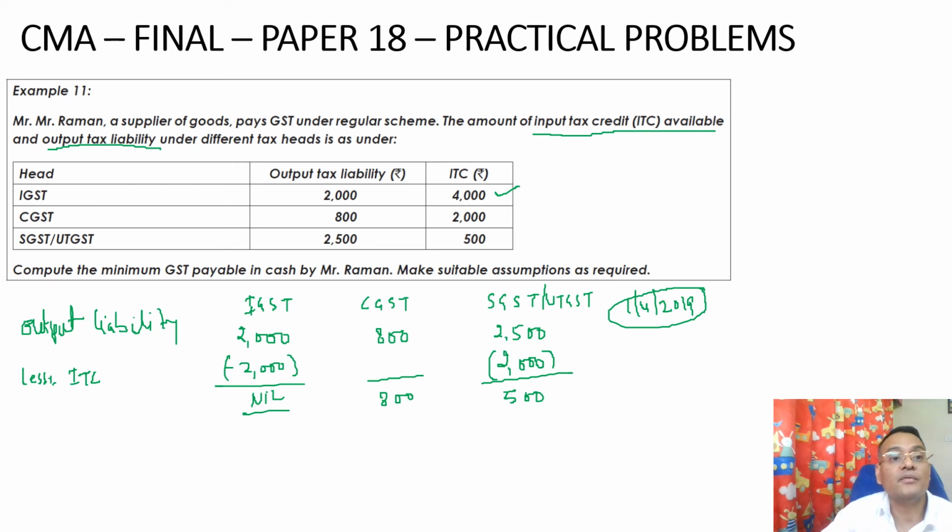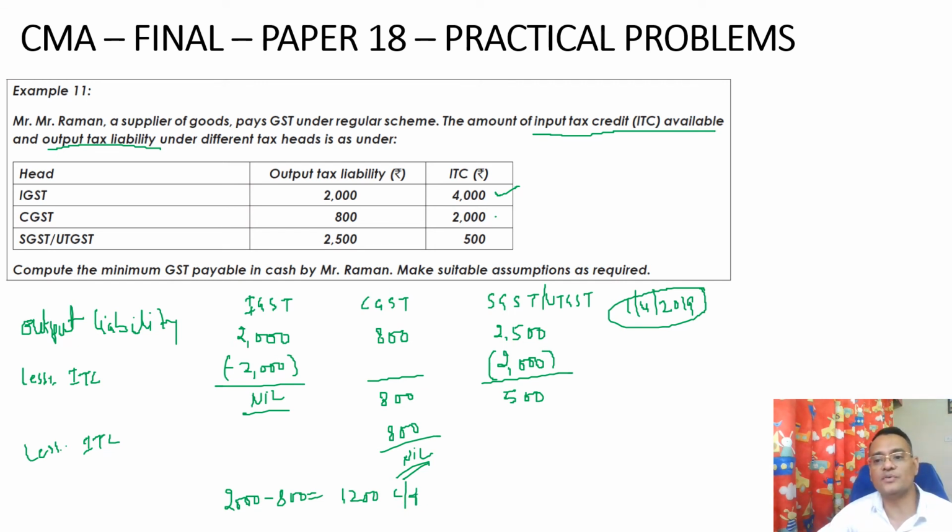Now we have CGST ITC of 2000 rupees and output liability is 800 rupees. So we will be paying, less ITC 800 rupees, and this will also be nil, and 2000 minus 800 rupees, 1200 of ITC of CGST would be carried forward.